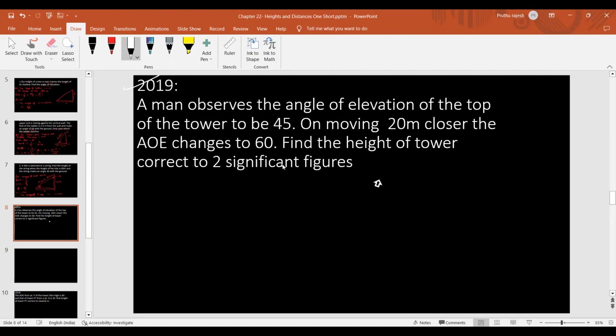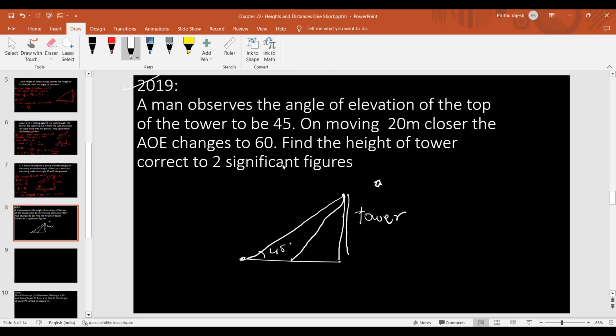So there is a man, there's a tower here, and the man sees the top of the tower, and the angle of elevation is found to be 45 degrees.